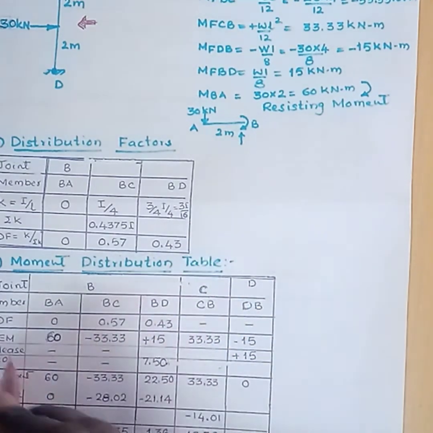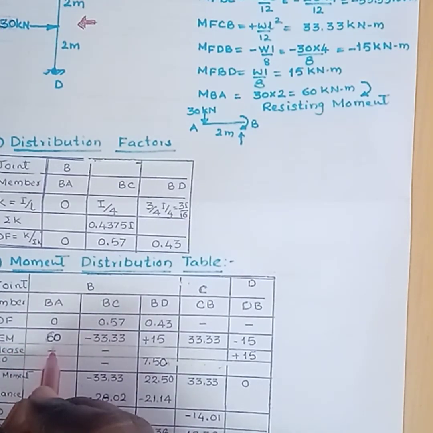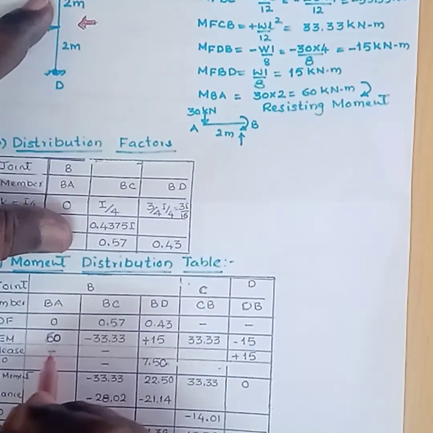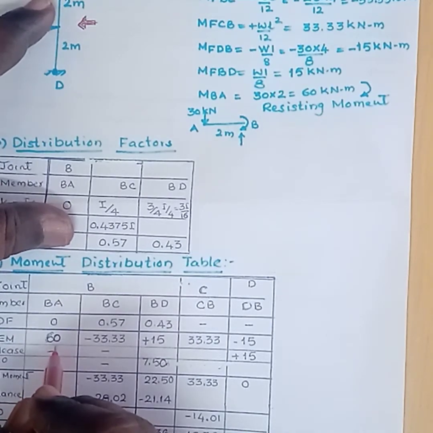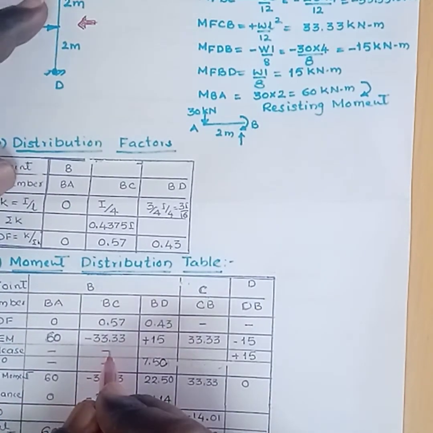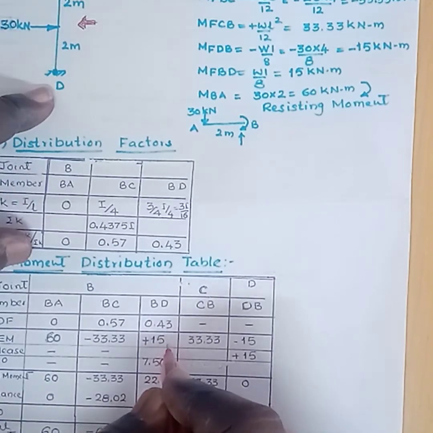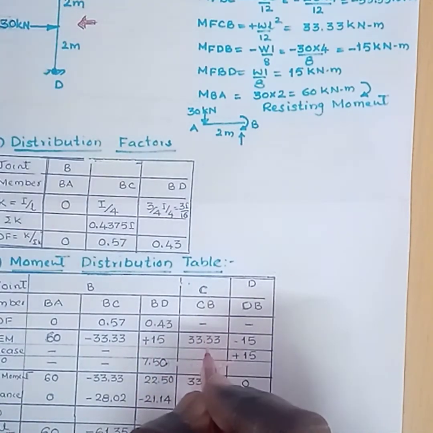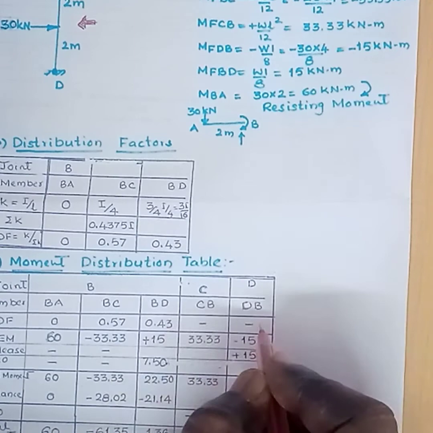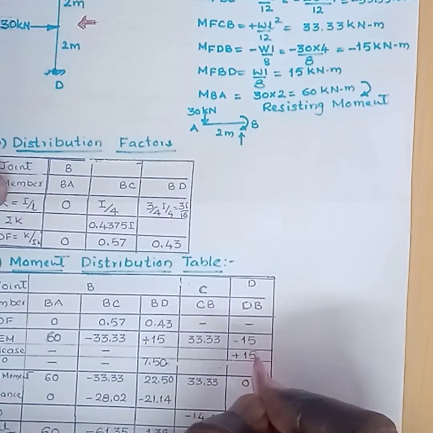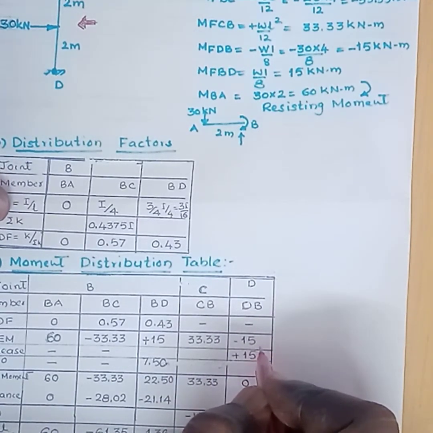Next step is to write the fixed end moments. We have calculated the resisting moment for BA, that is 60 kilonewton meter. MFBC is minus 33.33. MFBD is plus 15. MFCB is plus 33.33. MFDB is minus 15, that is anticlockwise.